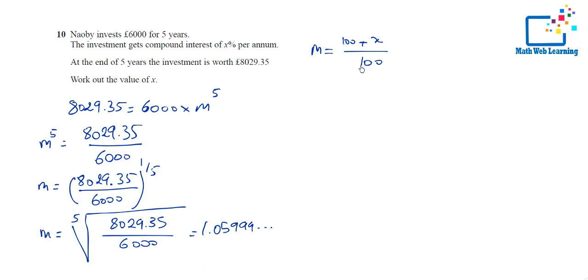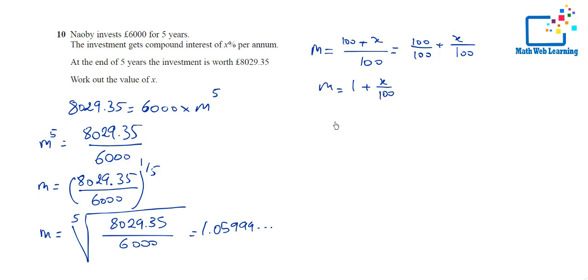Now let's reverse the process. I'm going to split the fraction: 100 over 100 plus x over 100. The first part gives me 1, so 1 plus x over 100 is my multiplier.